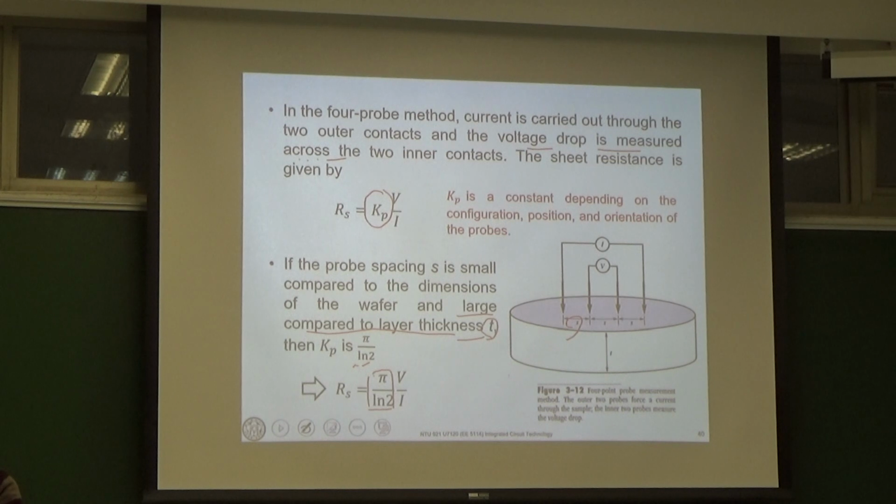I think in this case, it's very common: if you probe at 10 micron or 20 micron or 30 micron spacing, and the layer that we are interested in has a thickness of, for example, only 1 micron or less than 1 micron, and the wafer size is pretty big, then we can apply this formula directly.